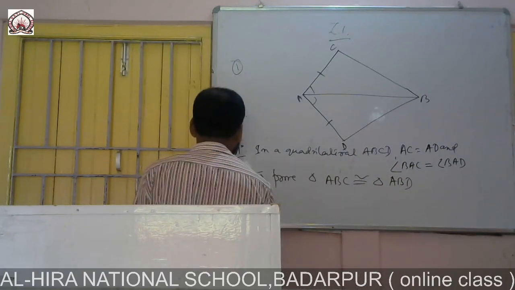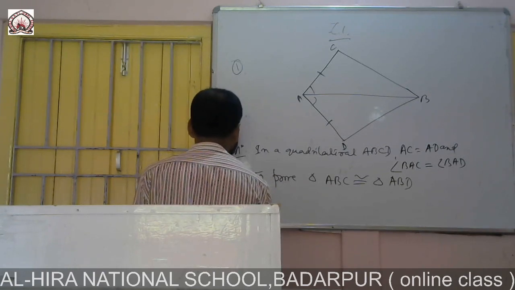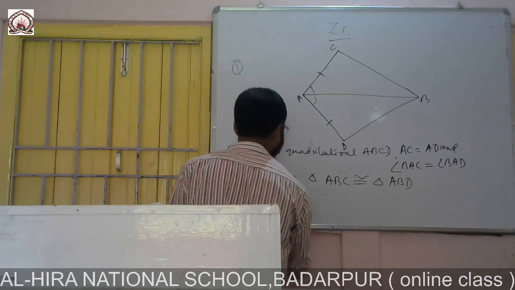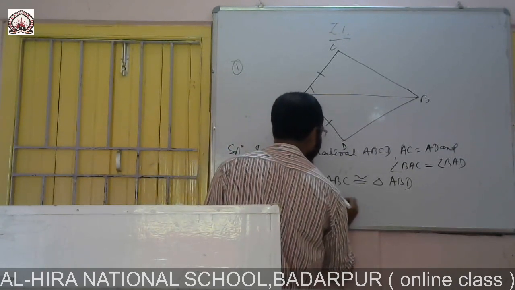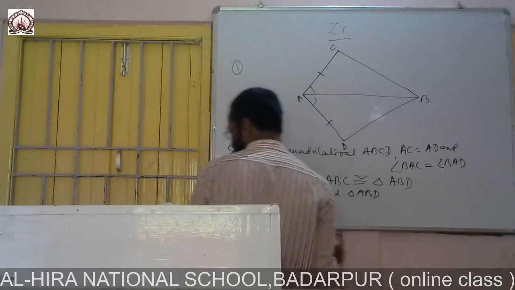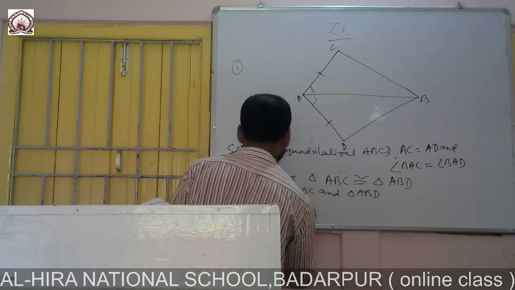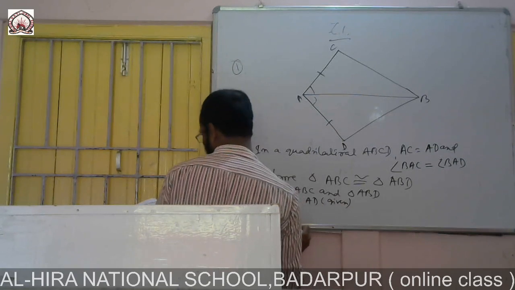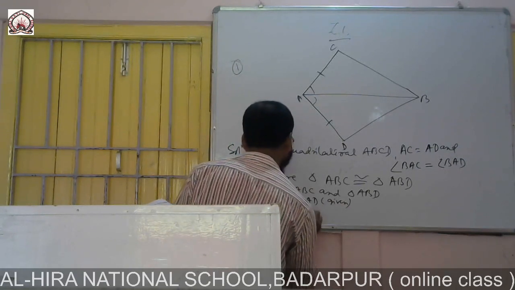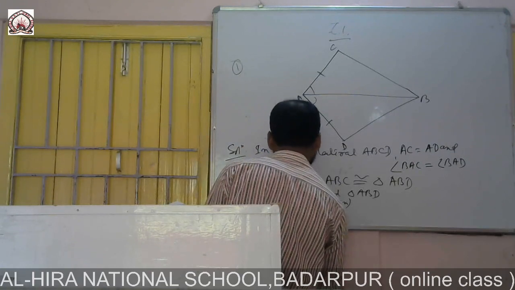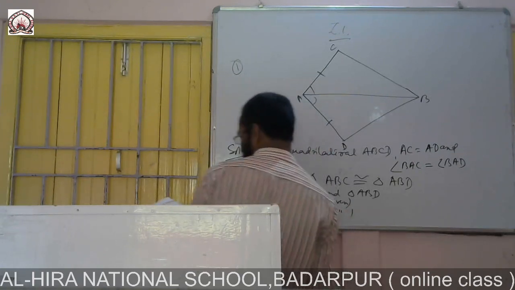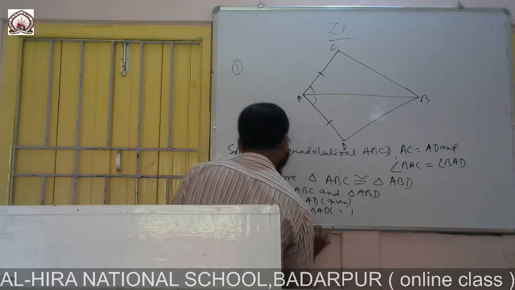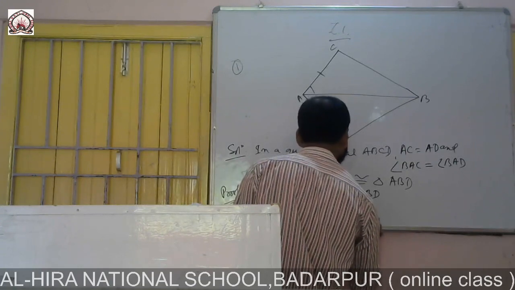Now the proof. In triangle ABC and triangle ABD, AC is equal to AD, it is given, and angle BAC is equal to angle BAD, it is also given, and AB is equal to AB. So we are getting side angle side.